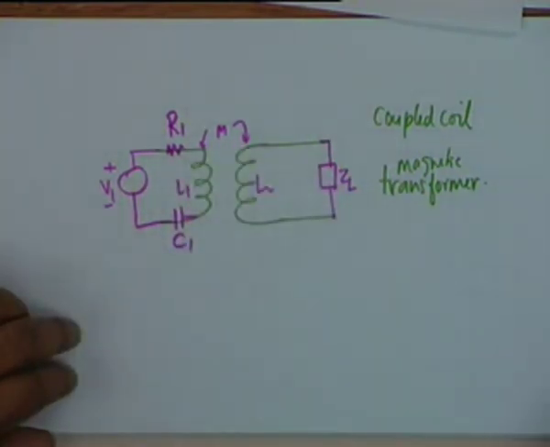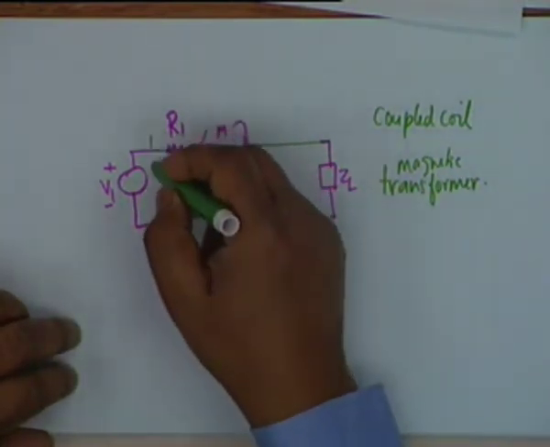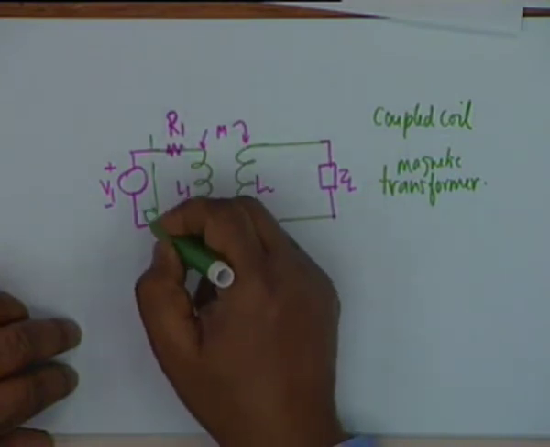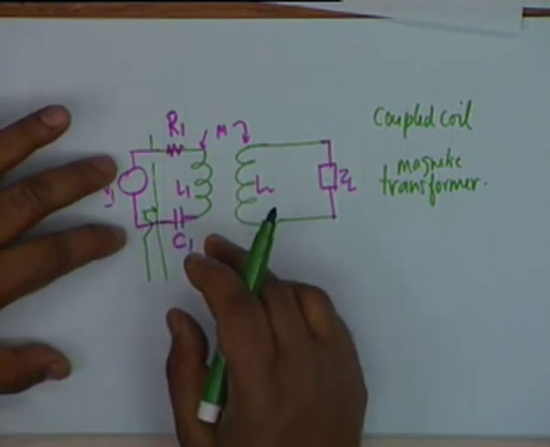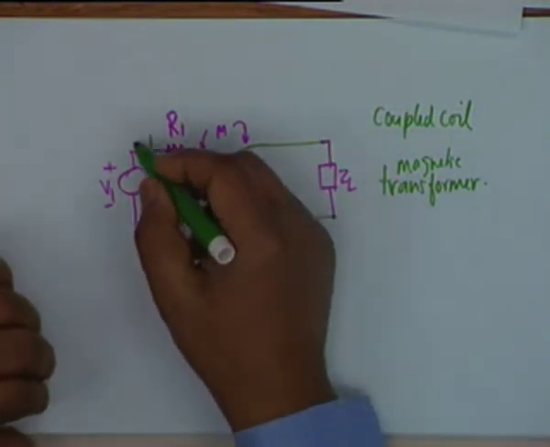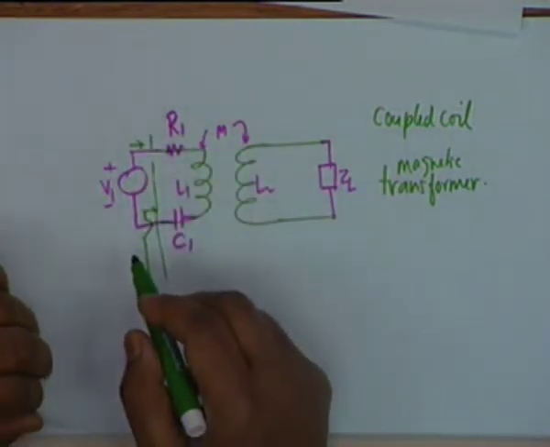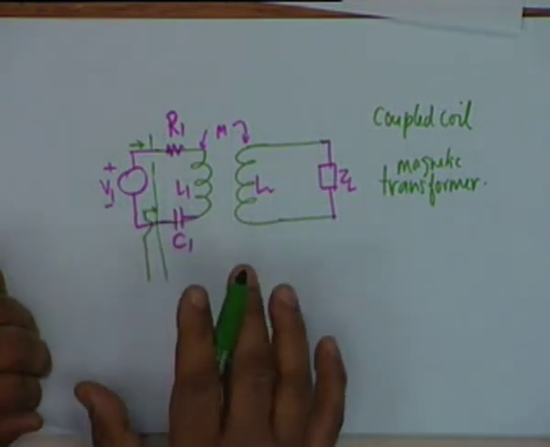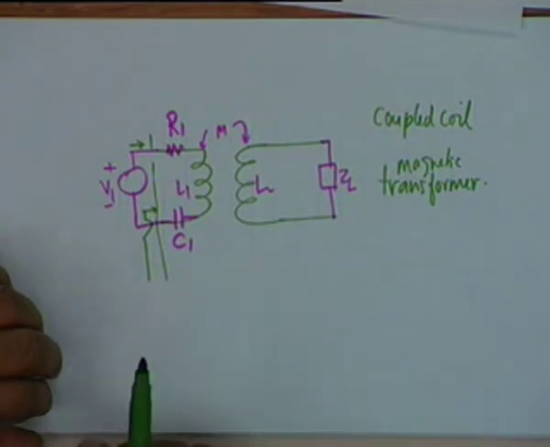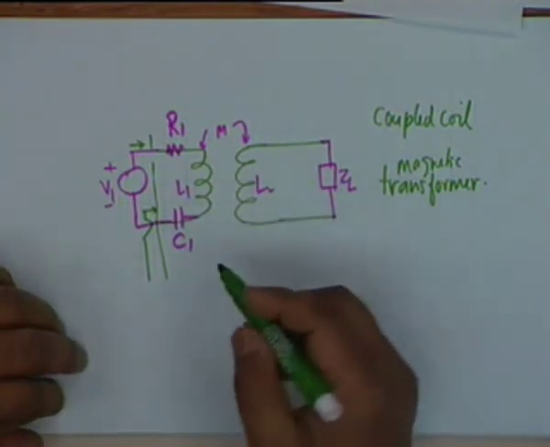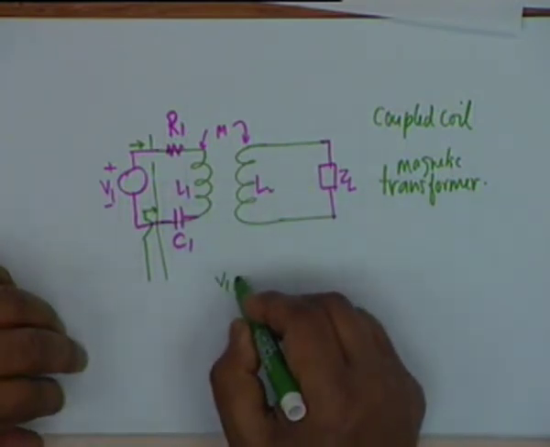What we want to find out is what impedance does this voltage generator see? Or in other words, what current V1 drives into this system of coupled coils? Well, all we do is we write the two equations.